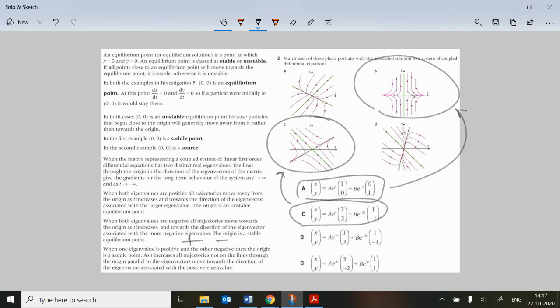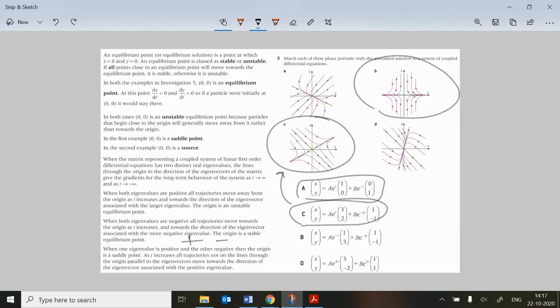Okay, and it says as t increases, all trajectories not on the lines through the origin parallel to the eigenvectors move towards the direction of the eigenvector associated with the positive eigenvalue. So associated with the positive eigenvalue, 3, 2, this one. So 3, 2 is this one here. So everything is moving in.